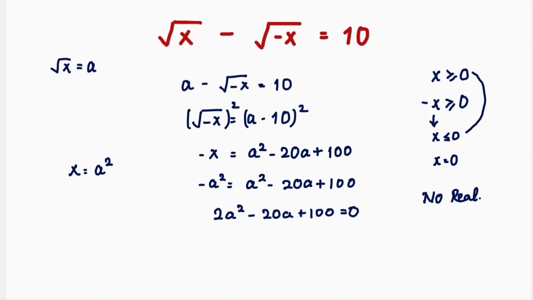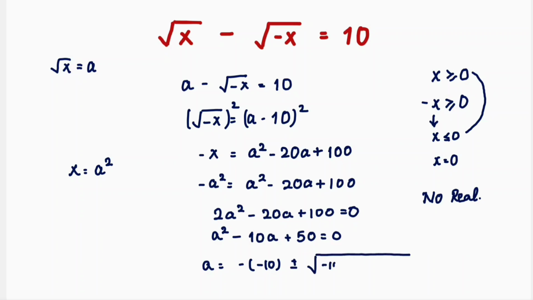Divide the whole equation by 2. To get roots of a, use the formula minus b plus minus square root b square minus 4a into c, division 2 into a.